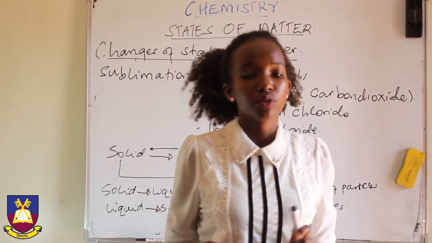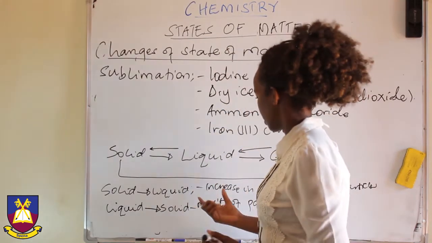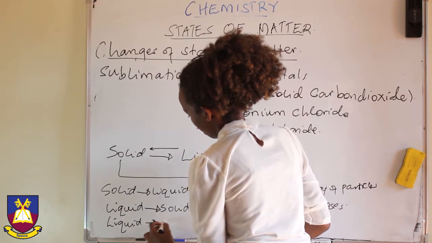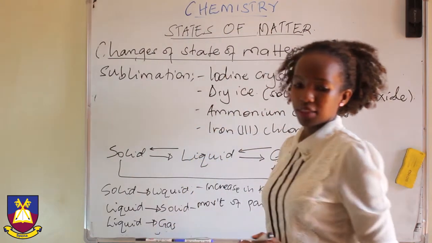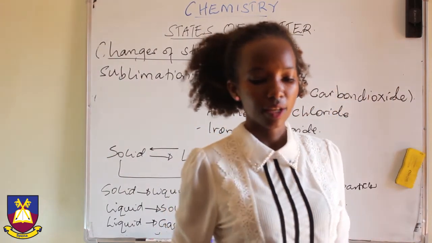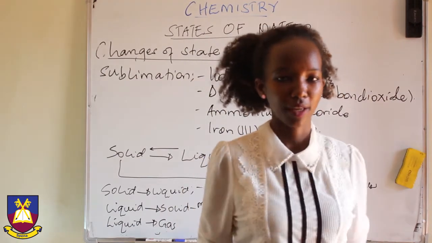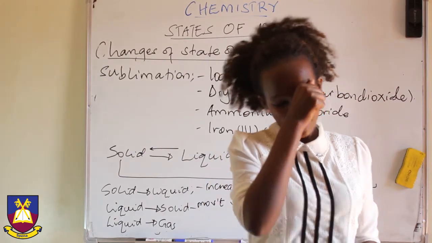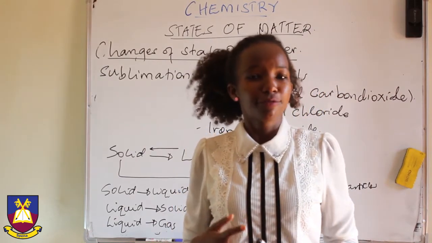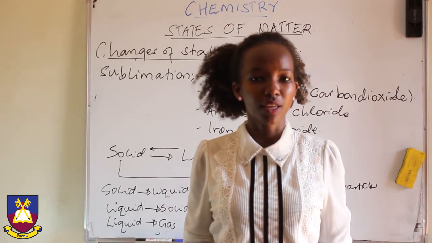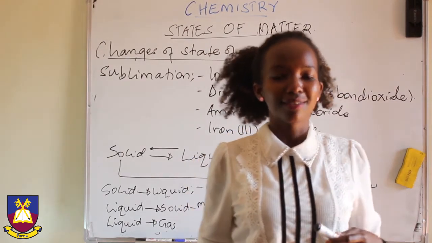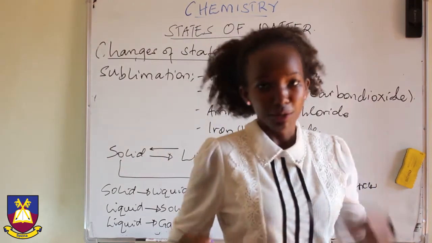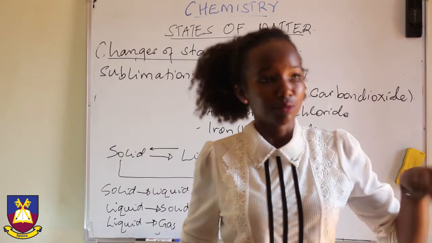Now, what about change of liquid to gas? In the liquid, the particles are already moving. But when you start to heat, the particles start to move even faster. Now, if the temperature is high enough to cause the liquid to boil, the particles are very much faster, to the extent that you can actually really see them moving.